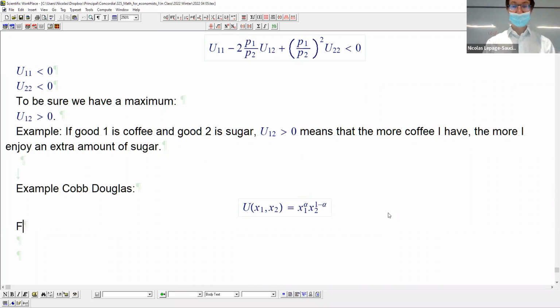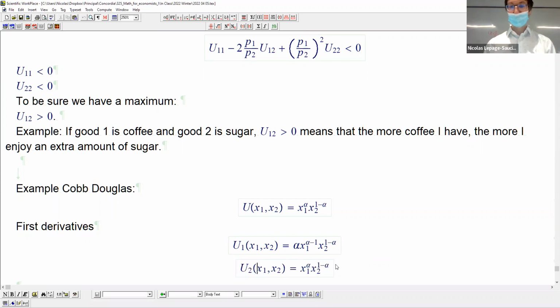Okay, so first derivatives. I think we've already done that before. So this is equal to alpha, then this is equal to 1 minus alpha.